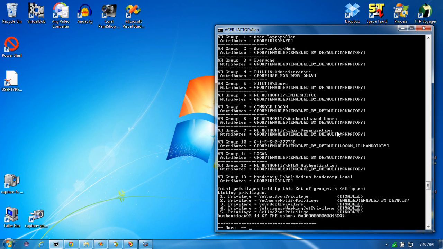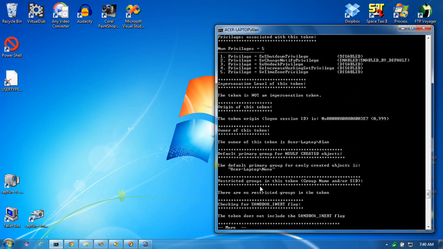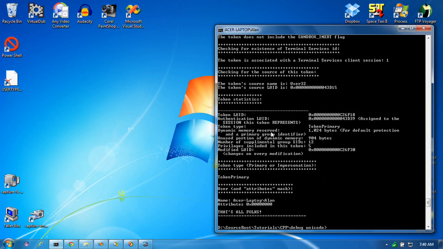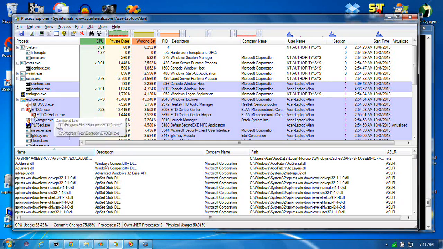And when you log on to your system, okay, you remember I was confused that it says Terminal Services Client Session 1. Well, I think I understand that, and you can see it actually in Process Explorer.